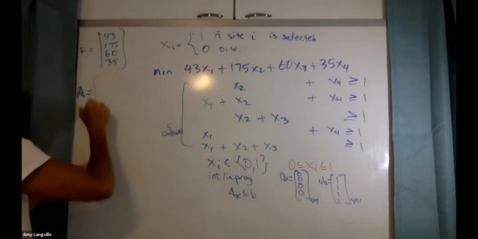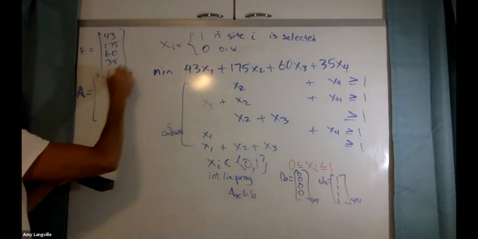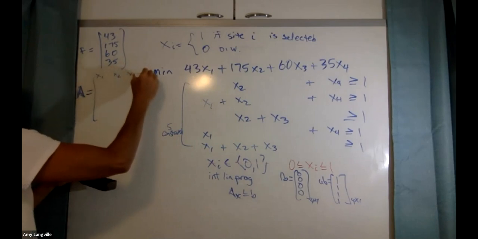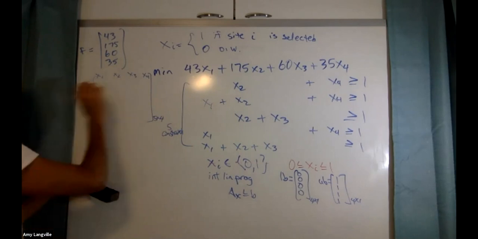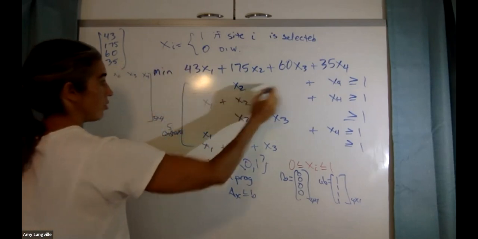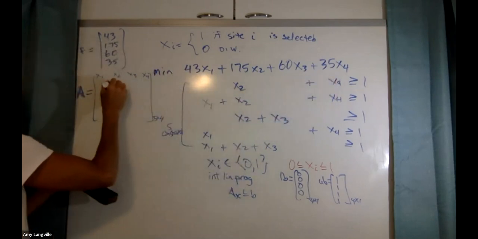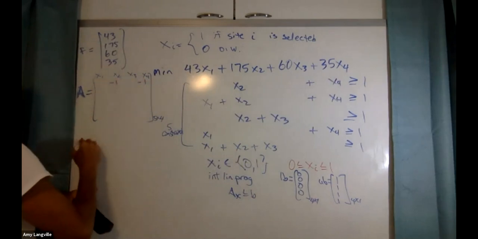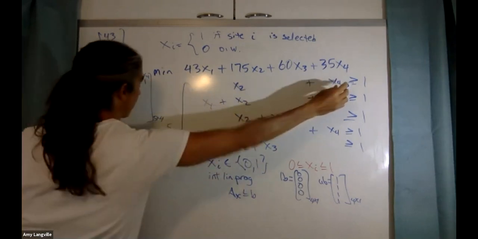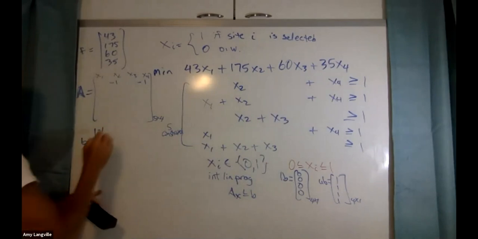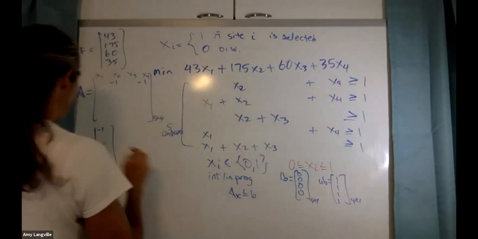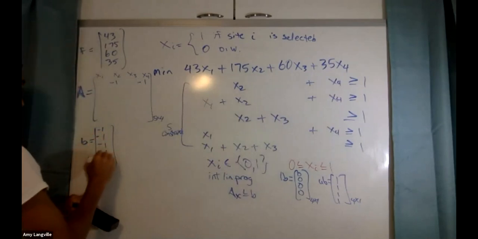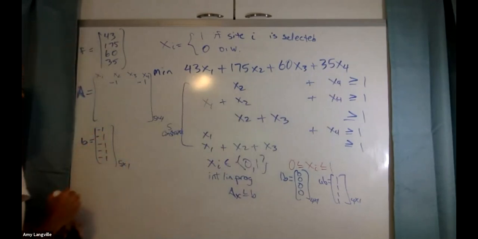So this should be a 5 by 4, x1, x2, x3, x4. First constraint picks up 2 and 4, except we want to negate it. That means the right-hand side also becomes a -1, and b will be 5 by 1, because there are 5 constraints.